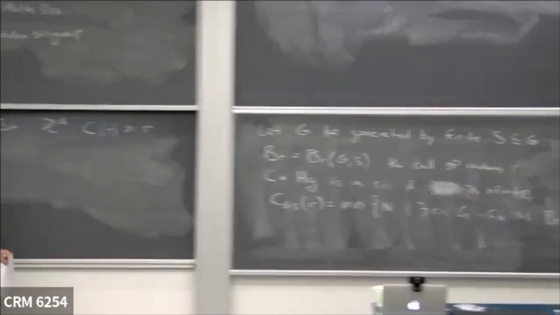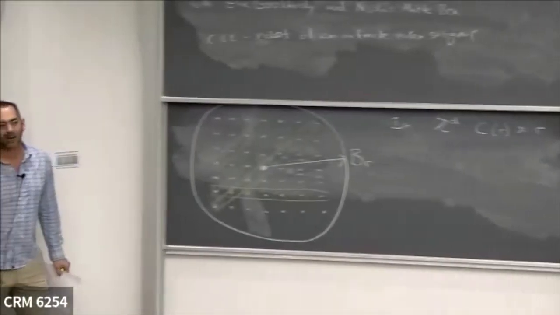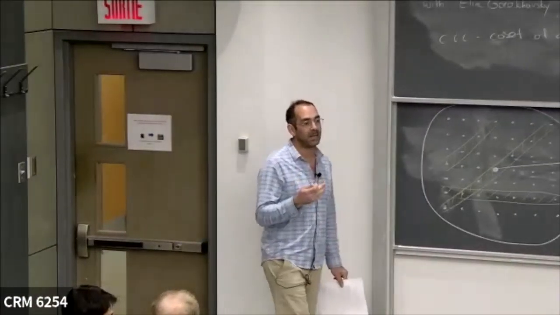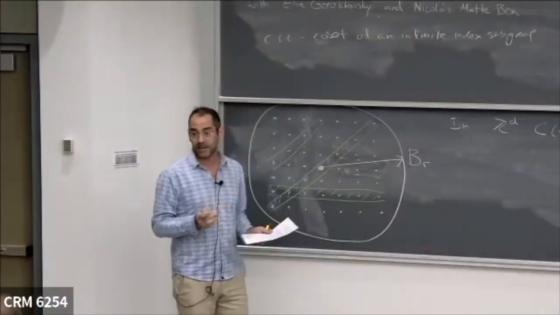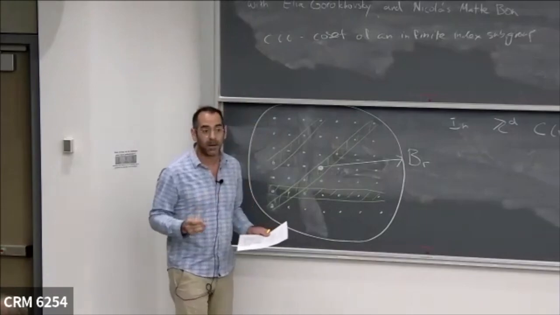Okay, so in words, what I said before: C of r tells you how many cosets of perhaps different infinite index subgroups I need to cover the ball of radius r.